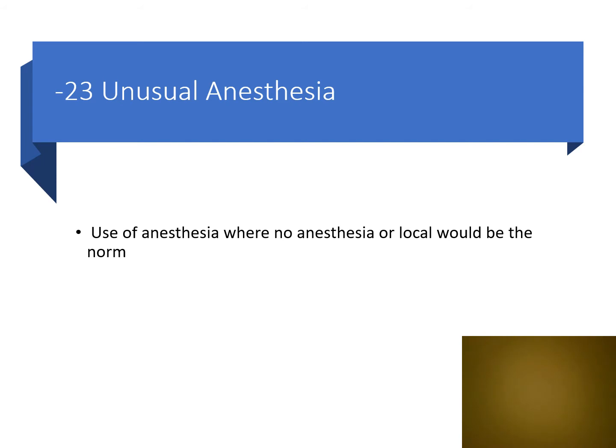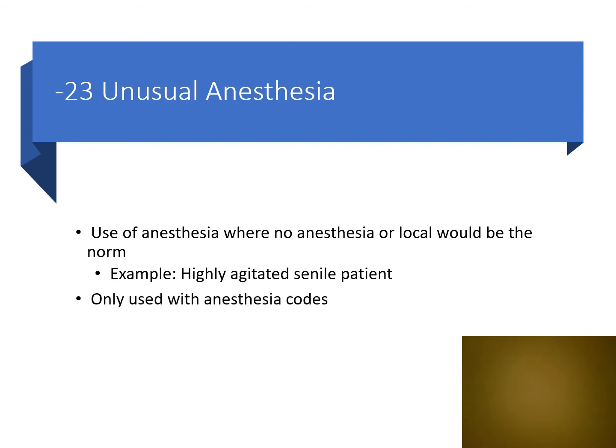Well, they may give him a little bit of anesthesia. An example, a highly agitated senile patient. This modifier 23 is only used with anesthesia codes, and a written report might help explain why that modifier was used.